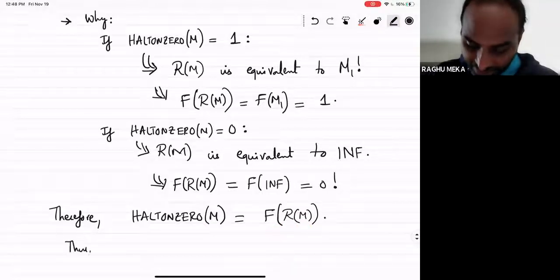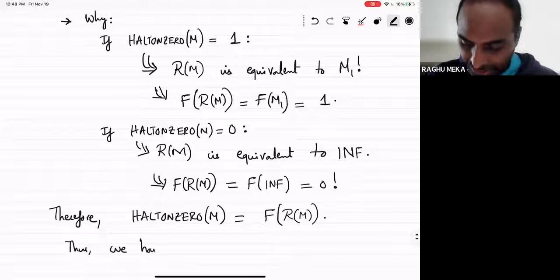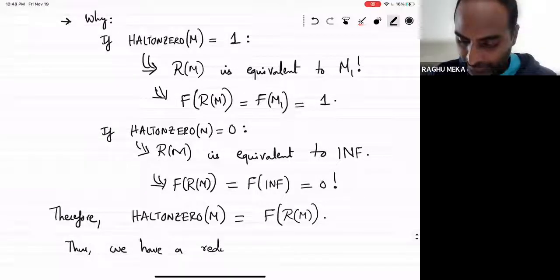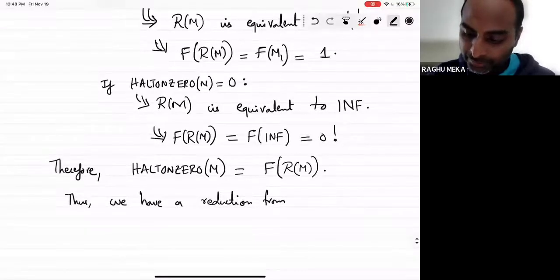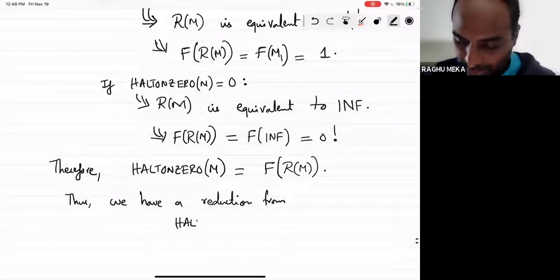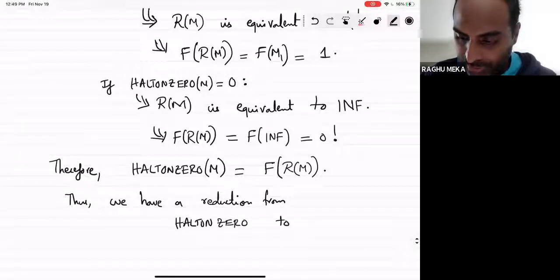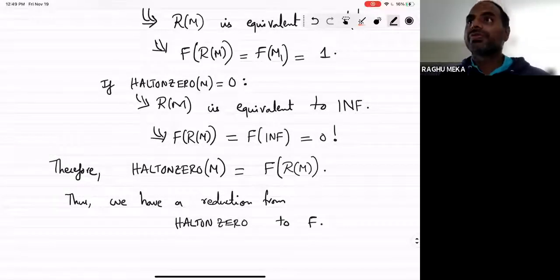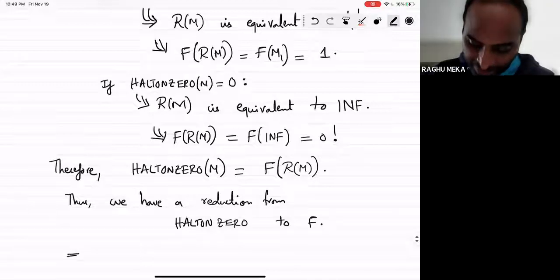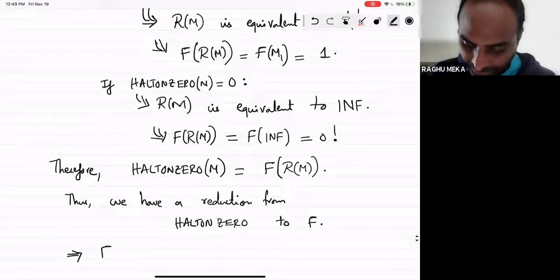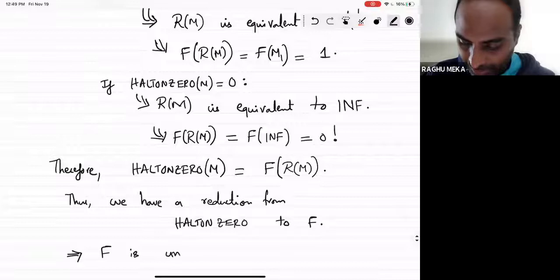So thus we have a reduction from halt on 0 to F. This implies F is uncomputable.